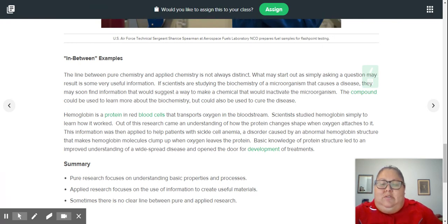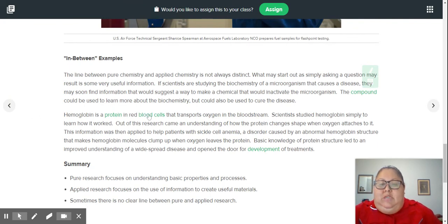So, yes, you may be working towards one goal, but that work could lead to something else. A lot of medicines that have been discovered were happened upon by accident when people were studying other things.